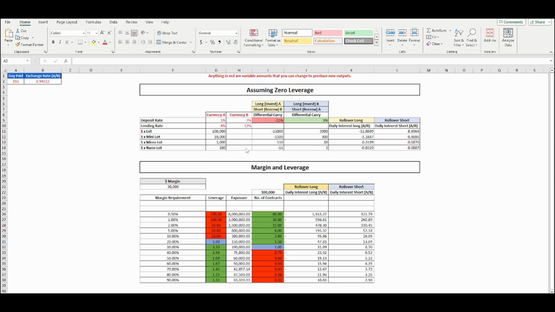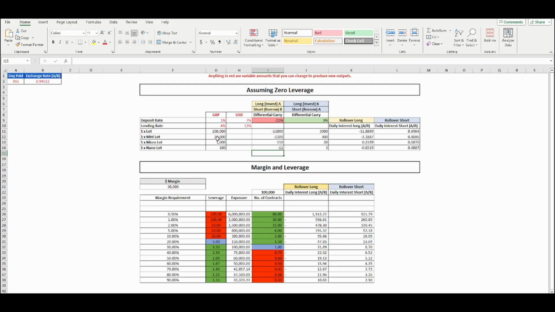Right, so let's change the currency A to GBP, and we can use USD here. That is the currency pair that I usually use in most of my examples, mainly because I trade it the most. So off to the left here, we have the deposit rate and the lending rate.